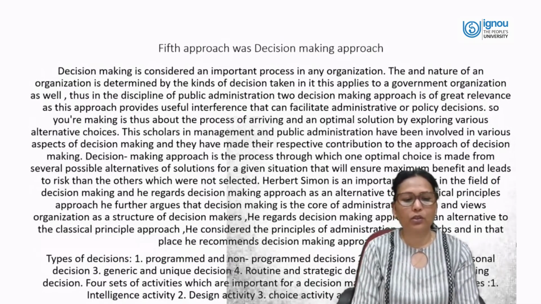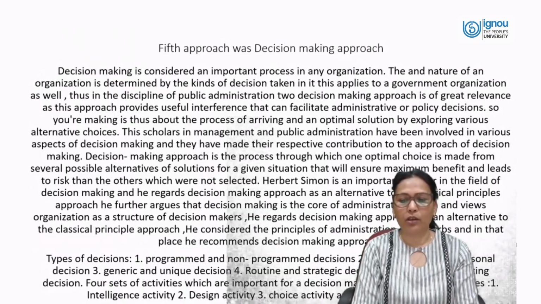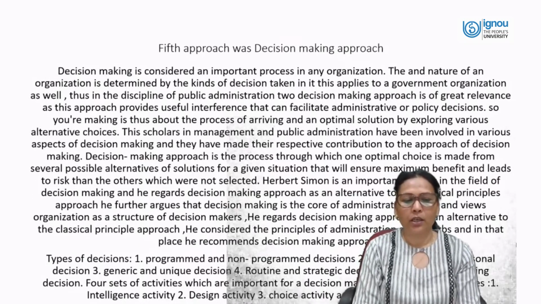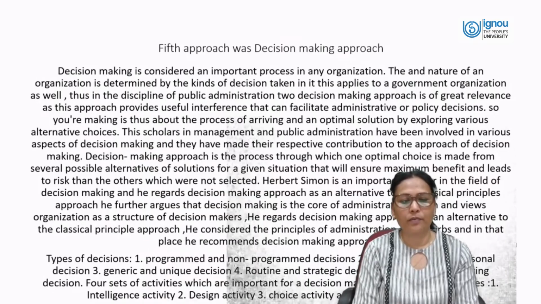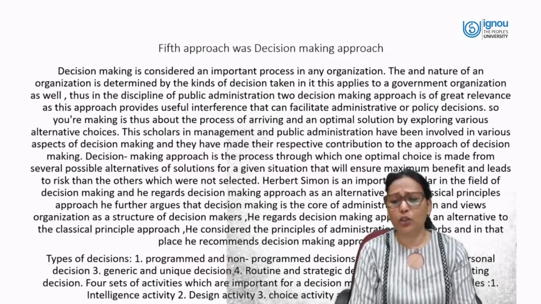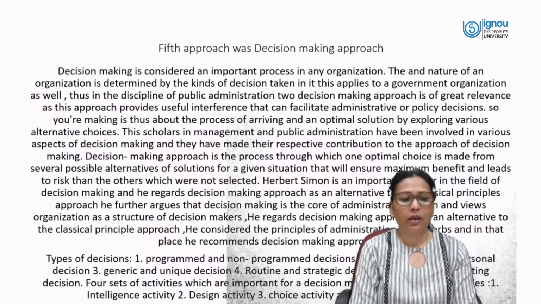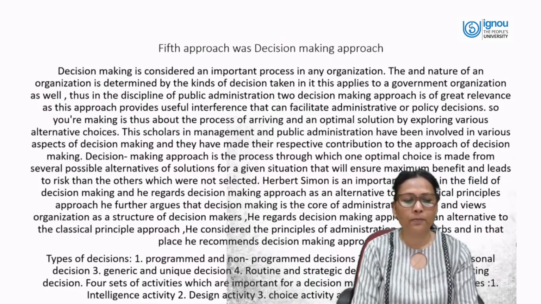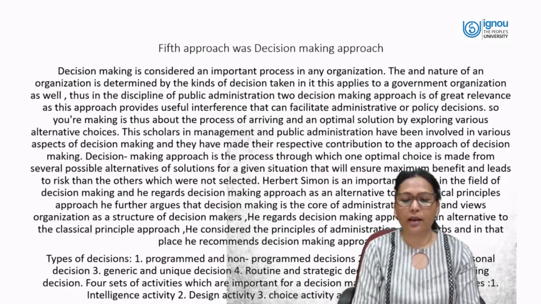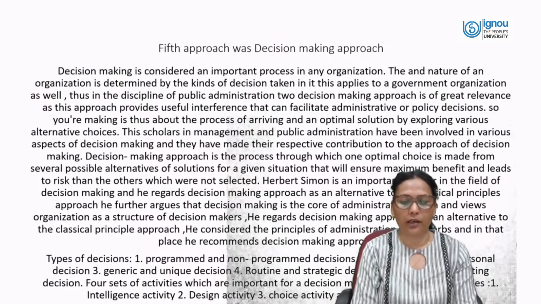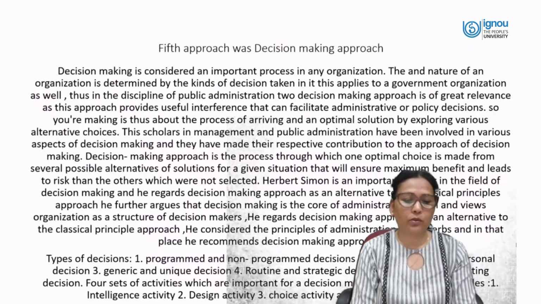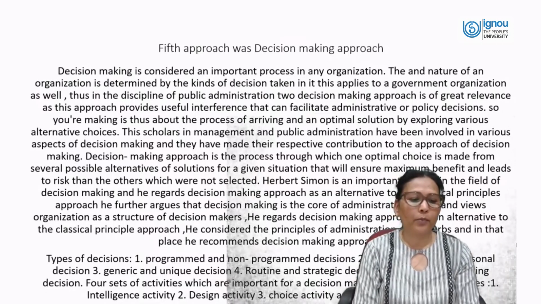The types of decisions were: first, programmed and non-programmed decisions. Second, organizational and personal decisions. Third, generic and unique decisions. Fourth, routine and strategic decisions. Fifth, policy and operating decisions. There are four sets of activities which are important for the decision making process.